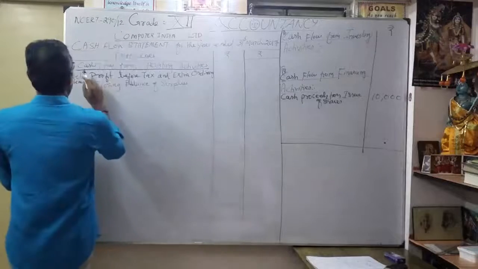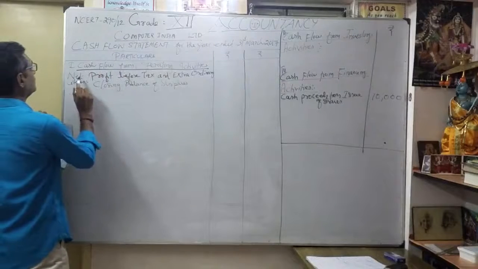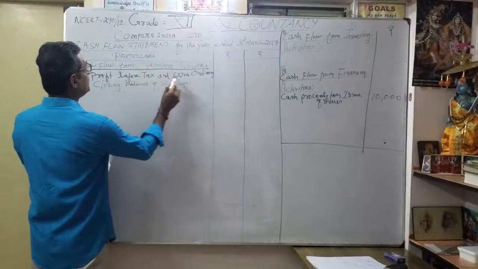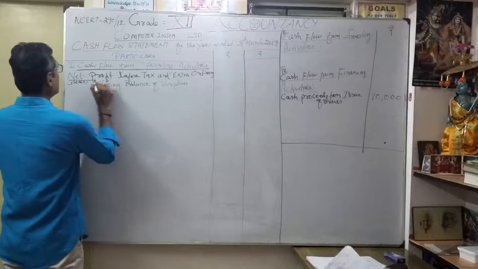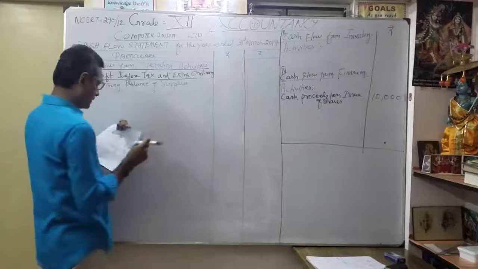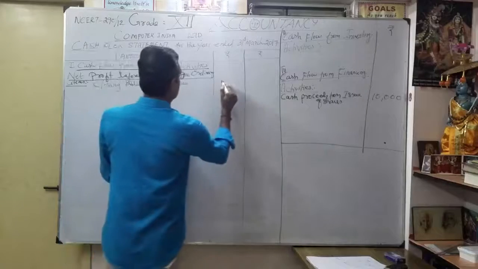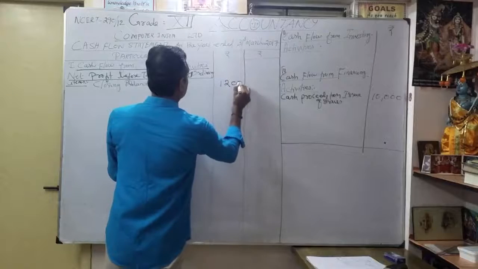After cash flow from operating activities, under that you are going to write net profit before tax and extraordinary items. Under that, better put an underline. Closing balance of surplus. How much have they given? 1,200. Put it in the column.